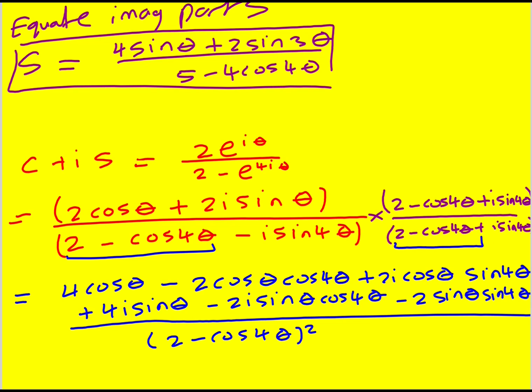And when you times it, it's a bit like that 1 plus i that I dealt with before. When we times by i sine 4 theta and then by minus i sine 4 theta, those imaginary parts are going to cancel, and we'll just be left with plus sine squared 4 theta.